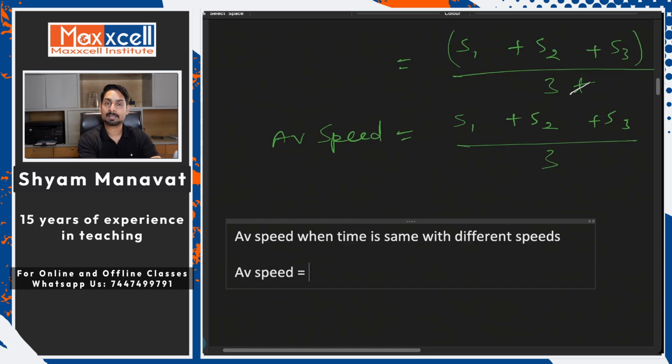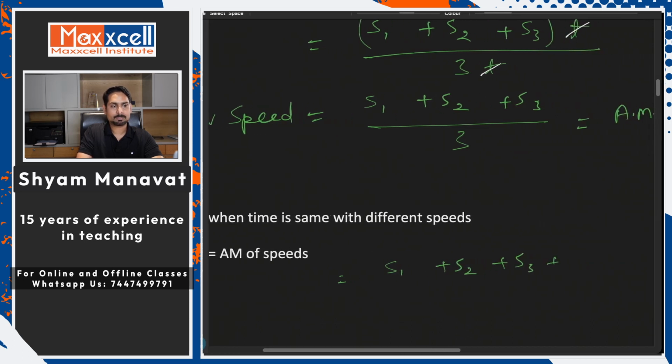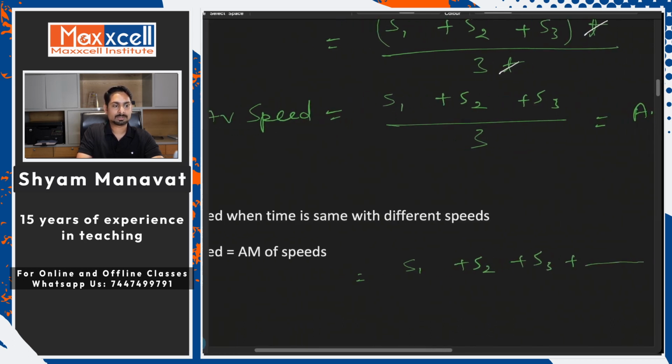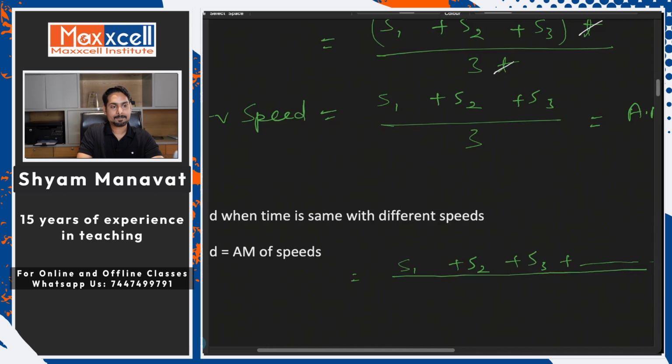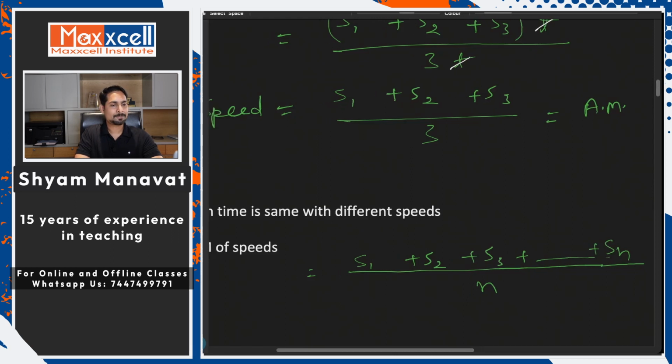We can also calculate average speed as the arithmetic mean of speeds. What is arithmetic mean? Sum of values by number of values. Here we have only 3 speeds, so 3 values, or if you take up till n, sum of values by number of values.